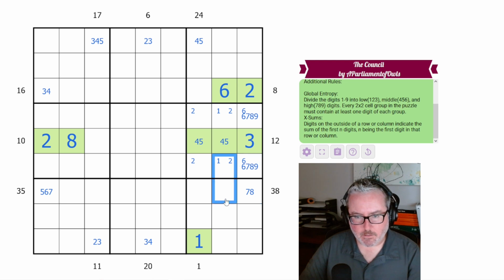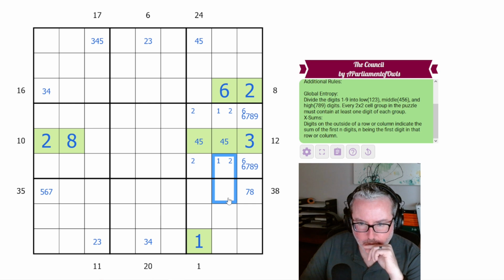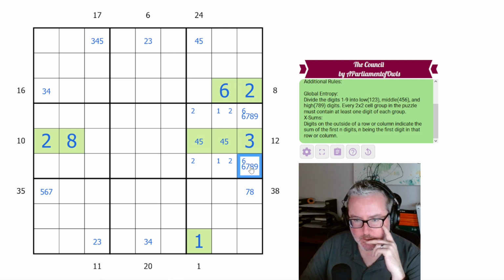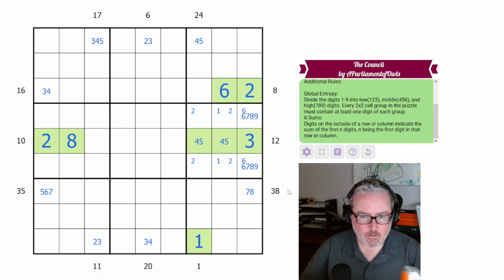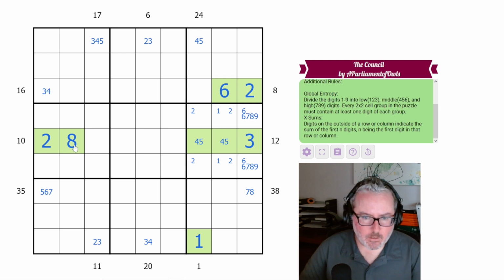So there's always going to be a low in one of these 2. The only thing there, it would be much better if we knew this wasn't a 6, first off, because that would mean these would be a high and a mid. Or a low and a mid, sorry, I just misspoke. Now, I don't see much more here, but I could be missing something.